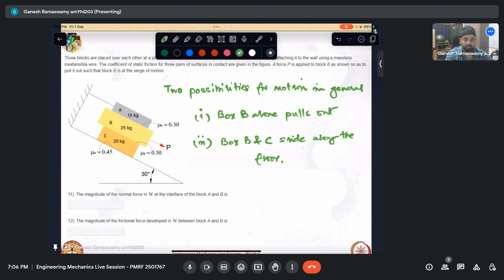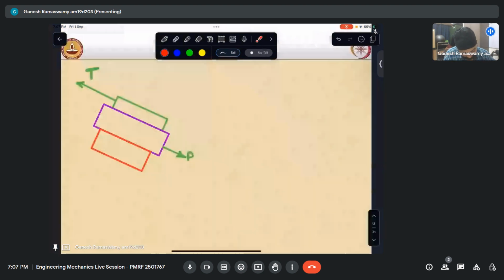If the friction here is enough to counter, then naturally there is a possibility that both might move together. So the first possibility is, let me take it like this.